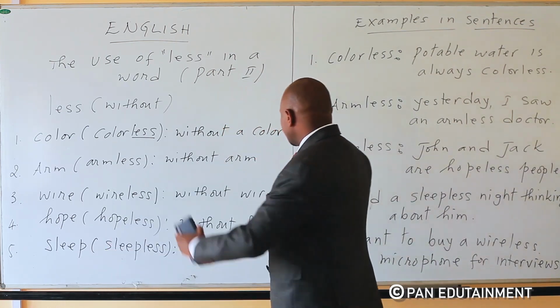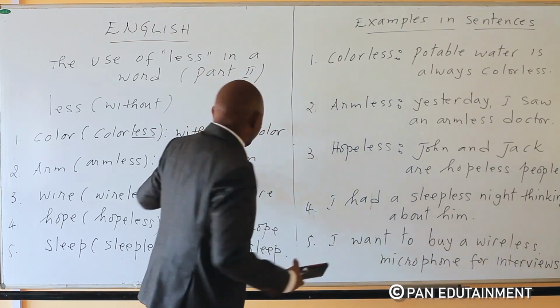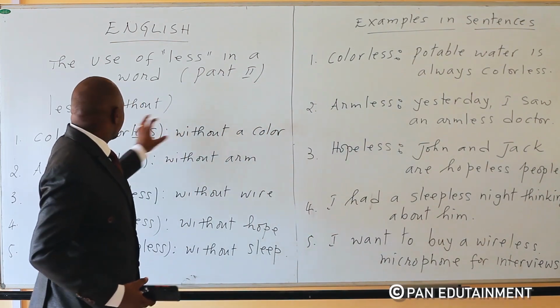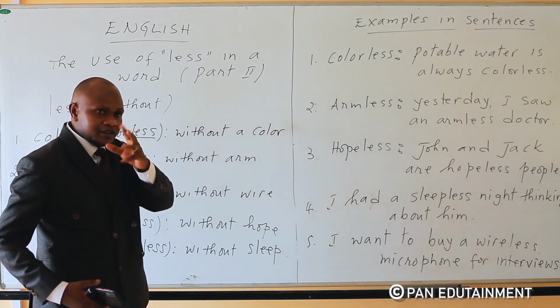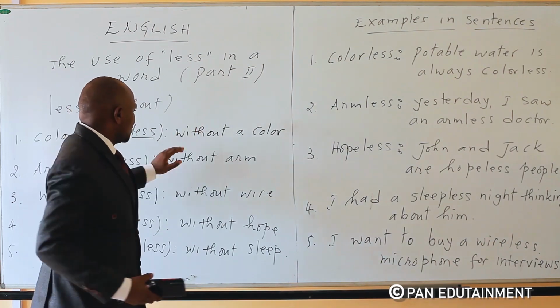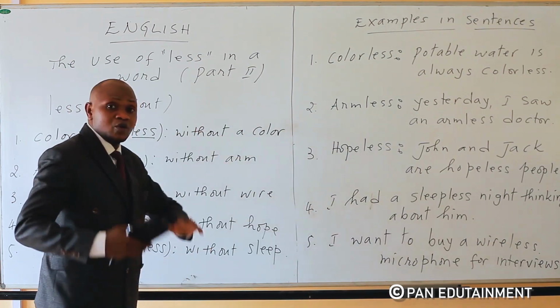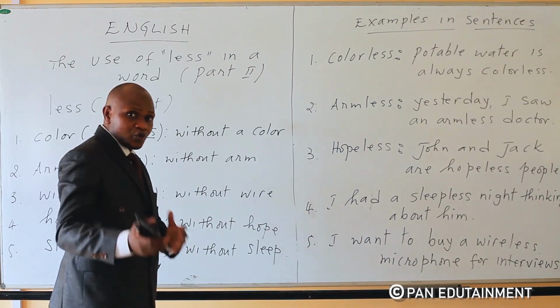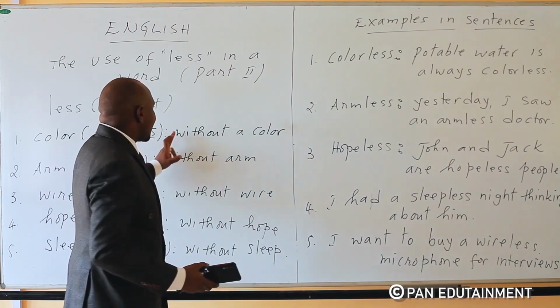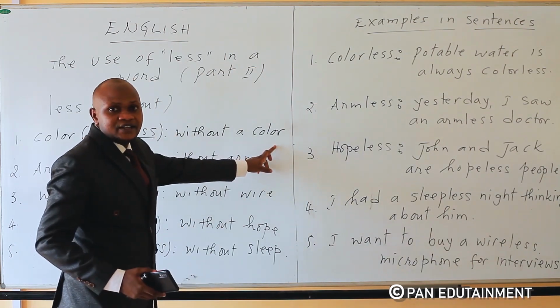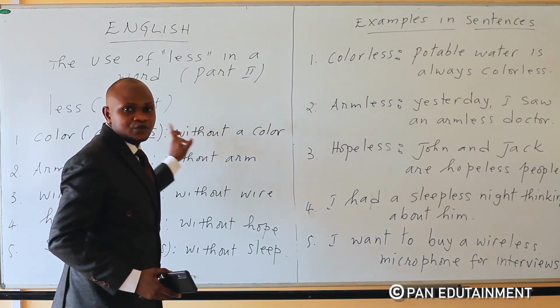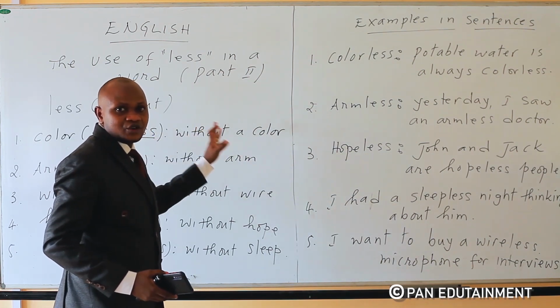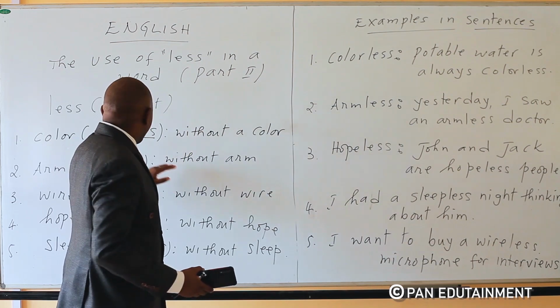Good. Here it is without. When I say colorless, it is without a color, without arm, without wire, as we saw in the first part of the lesson. Colorless is without a color, so there is no color.